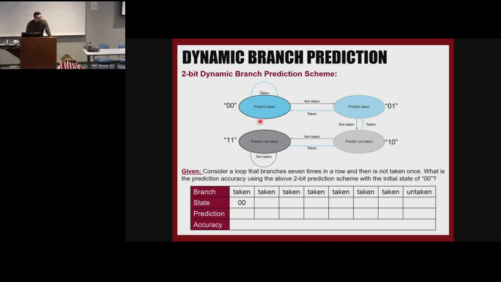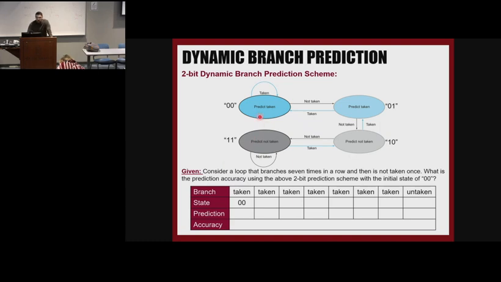Every time that you want to make a prediction, you are at one of these states. If you're at state 00, your prediction is take the branch. If your state is 01, your prediction is take the branch. If you're at 10 or 11, you predict that you don't want to take the branch. Okay, so that's how states work.